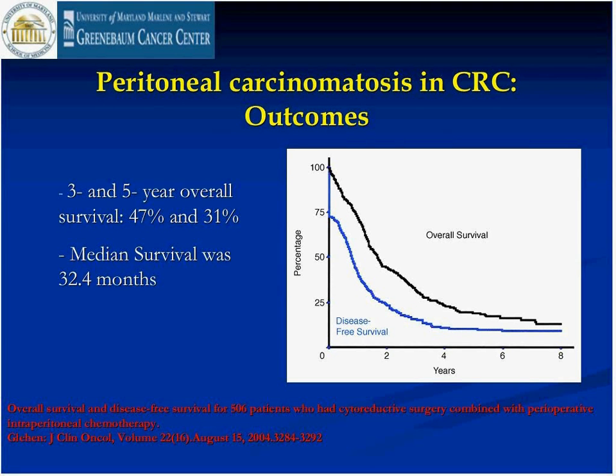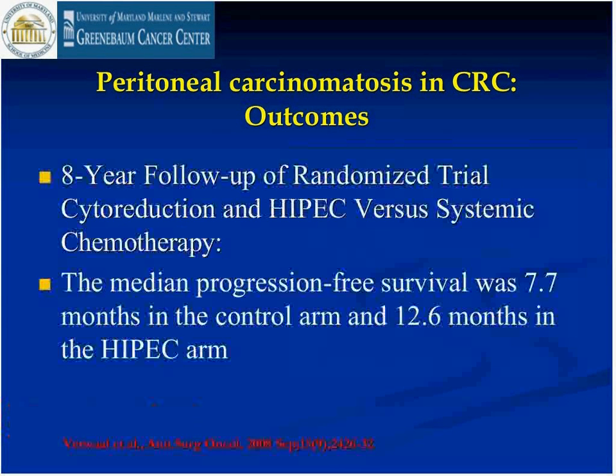So clearly, cytoreductive surgery and hyperthermic intraperitoneal chemotherapy added great benefit and also improved the quality of life of these patients. In fact, if you look at the 8-year follow-up of a randomized trial where patients were randomized to cytoreductive surgery and hyperthermic intraperitoneal chemotherapy versus systemic chemotherapy, you'll find that in the hyperthermic intraperitoneal chemotherapy arm, the progression-free survival was increased from 7.7 months in the control arm to 12.6 months.